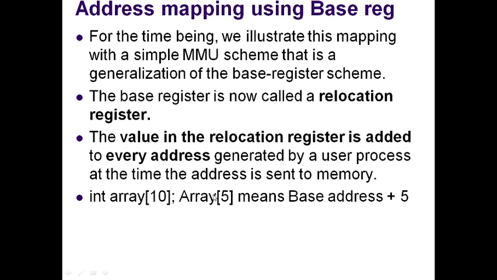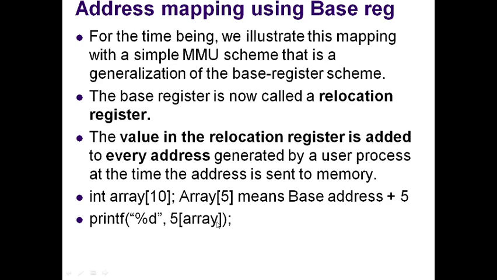From the compiler's point of view, array[5] is nothing but the fifth address from the base address. So that is exactly what we are referring to here. Once you have the base register, the actual address generated by the process can be simply added to the base register to know the precise address, that is, logical address to physical address.